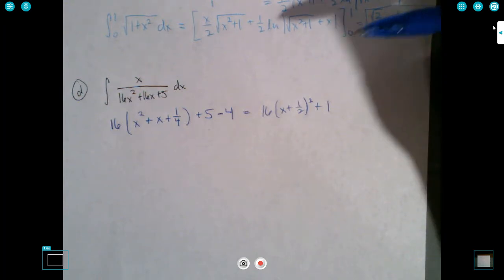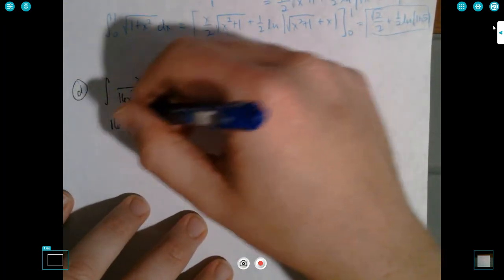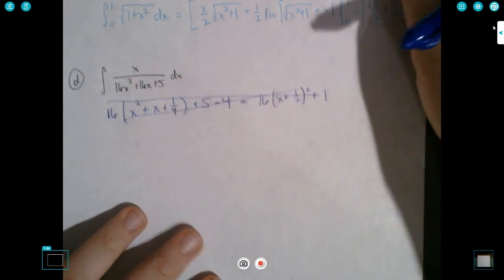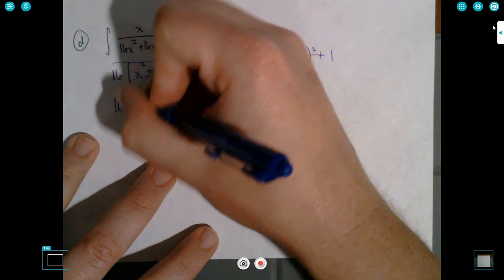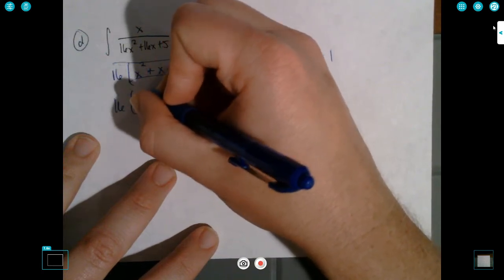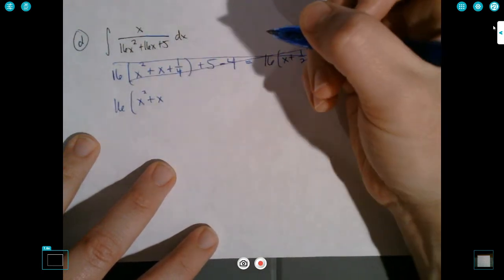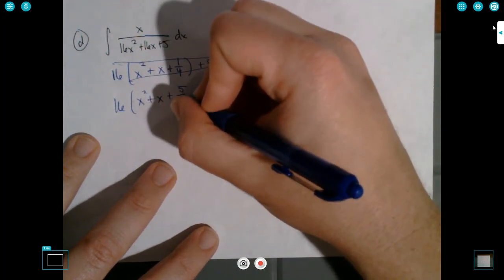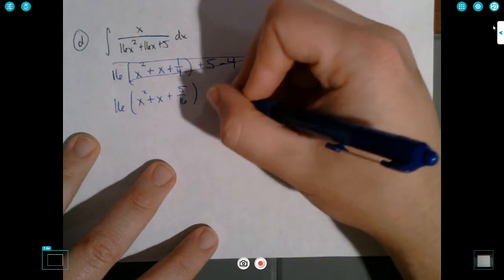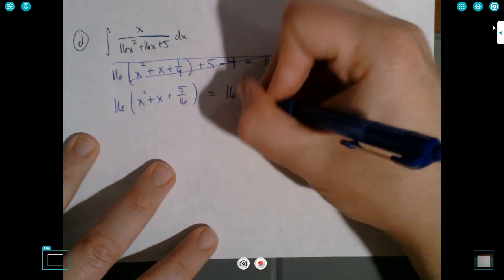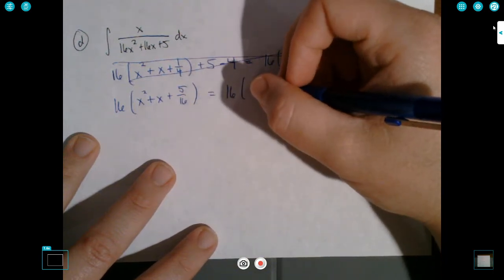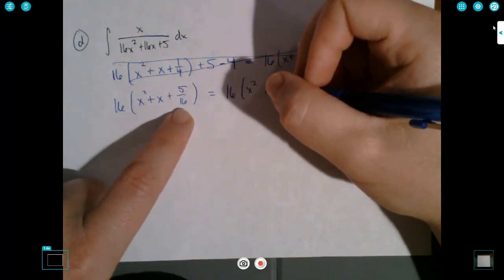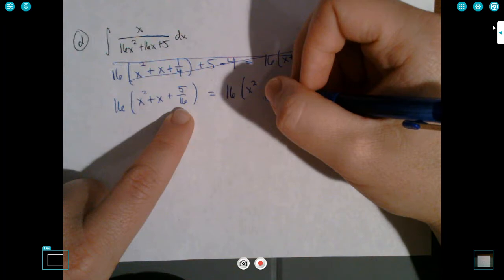So here, let me do it slightly differently so that I can do that. Let me try again. Let's do 16 times x squared plus x plus 5/16. And then I'll do 16 times x squared, and this needs to be a 1/4, right?